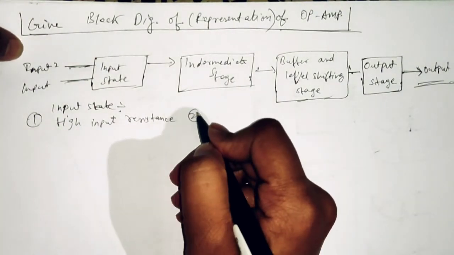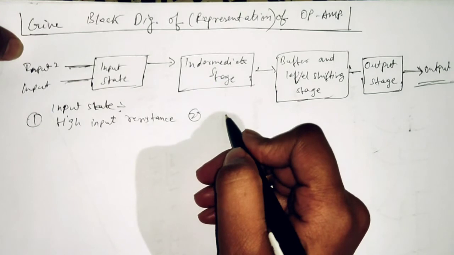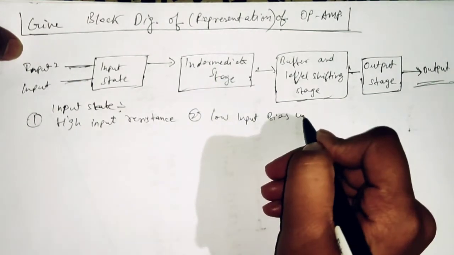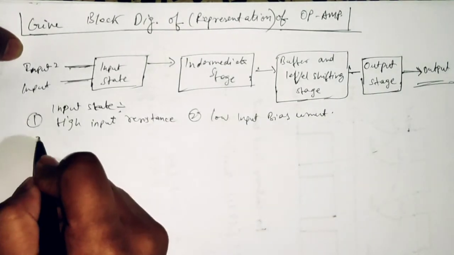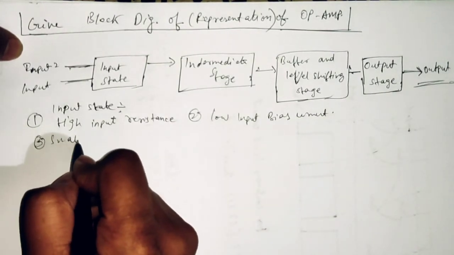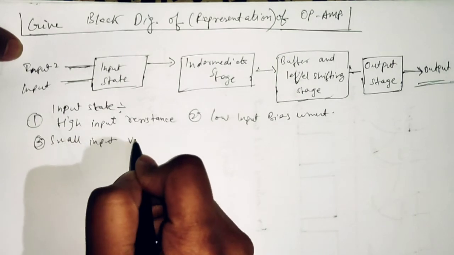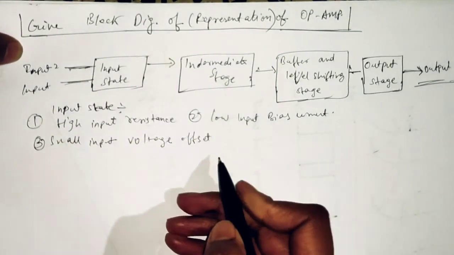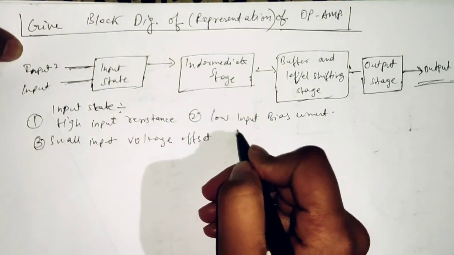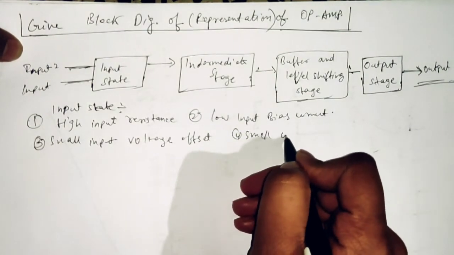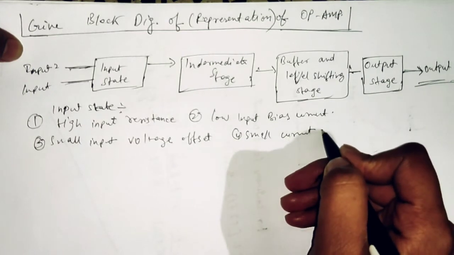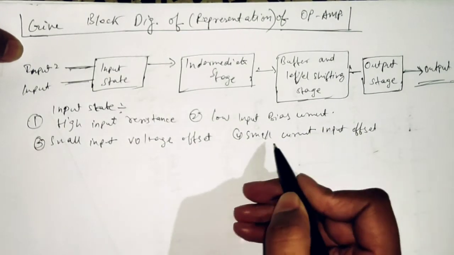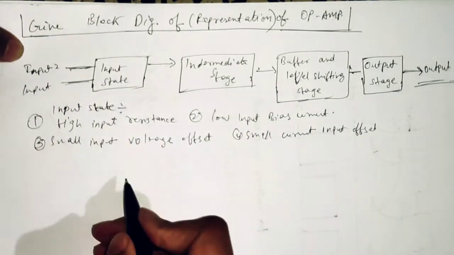And the second thing is low input bias current. Third point is small input voltage offset. We need a small input voltage offset. And the fourth point is small input current offset. We need a small input current offset in the input stage.